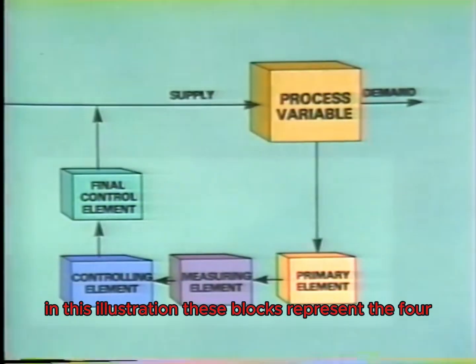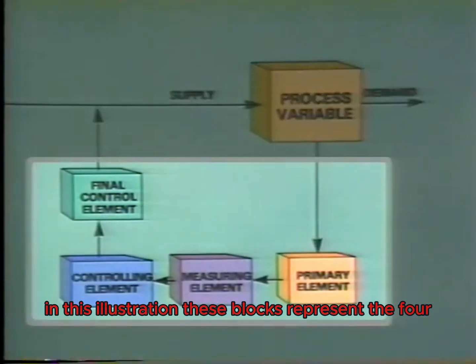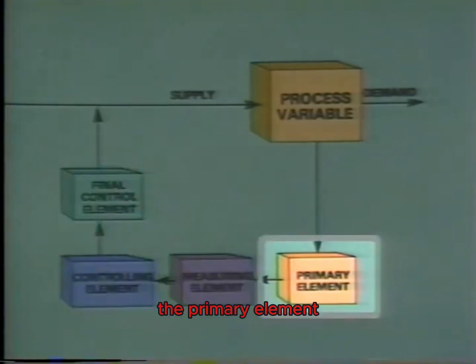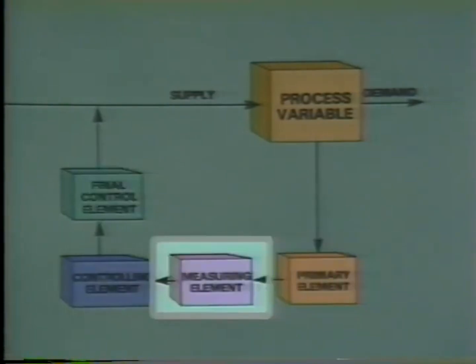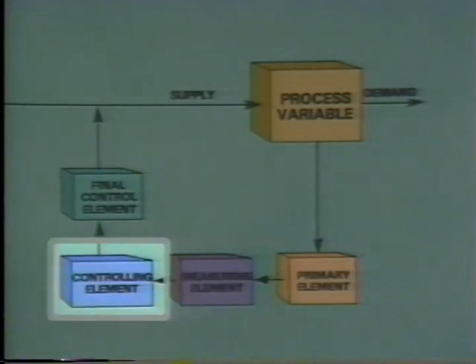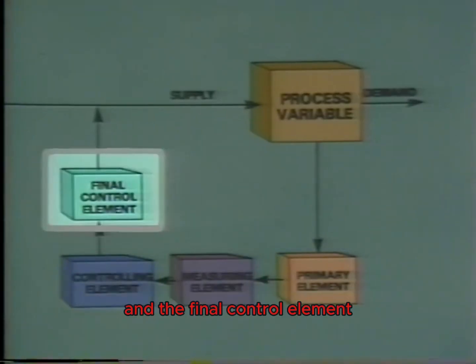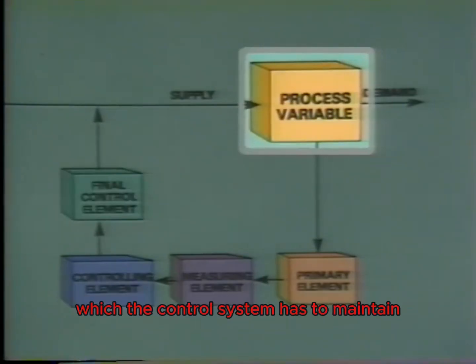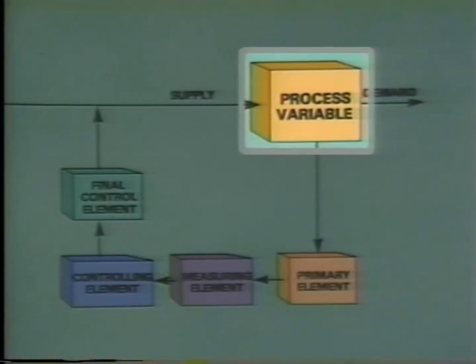In this illustration, these blocks represent the four elements normally found in most control systems: the primary element, the measuring element, the controlling element, and the final control element. This block represents a process with a process variable which the control system has to maintain at or near set point.